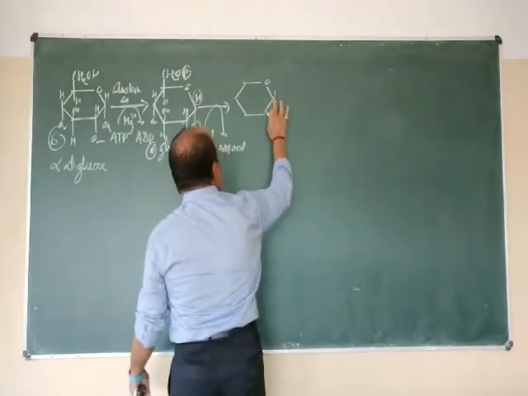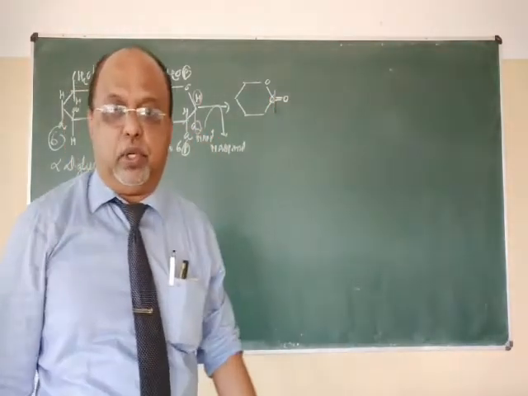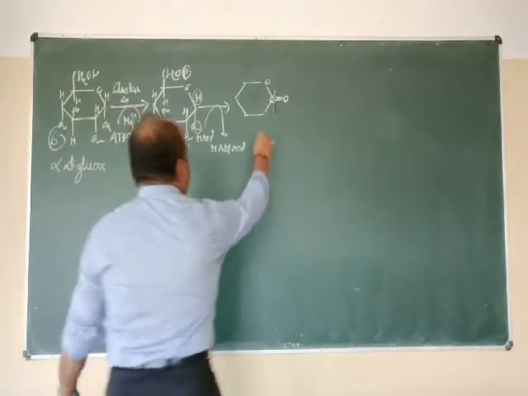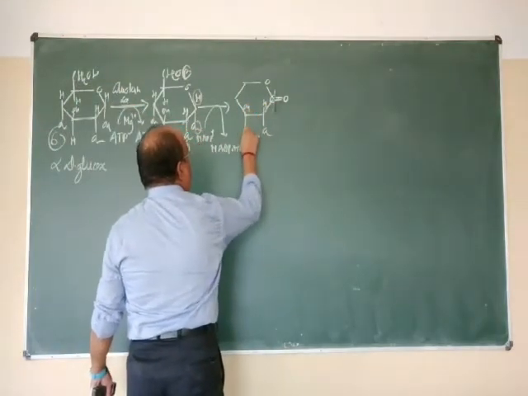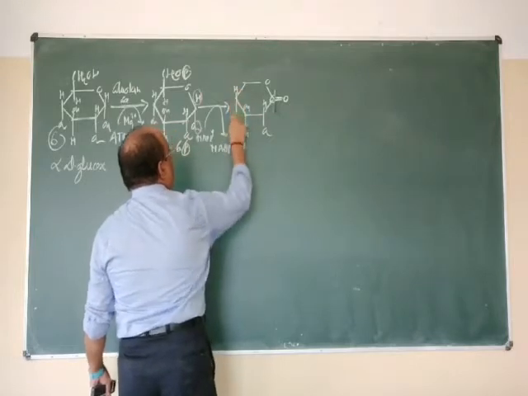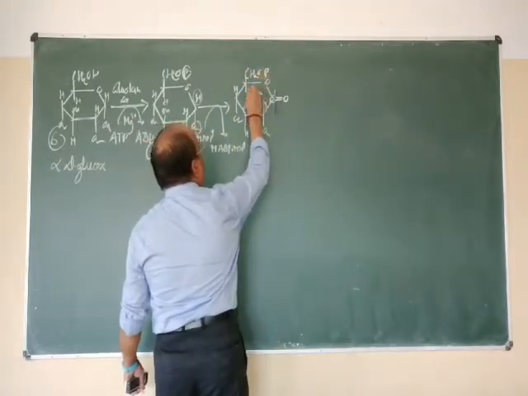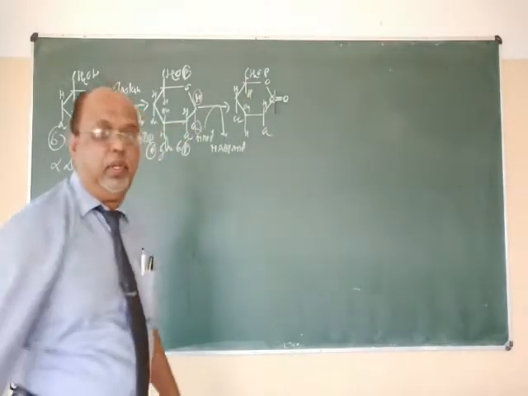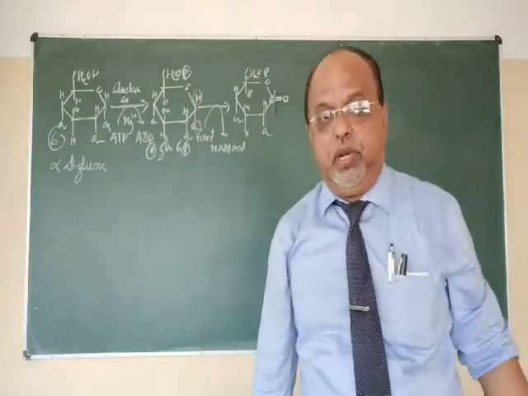Due to the loss of 2 hydrogen atoms, there is a formation of C double bond O, and this becomes a lactone ring.